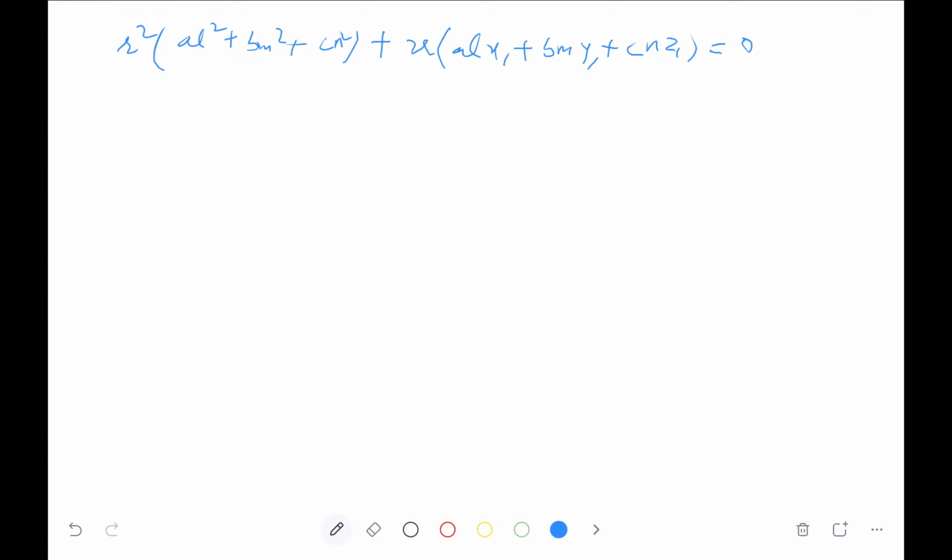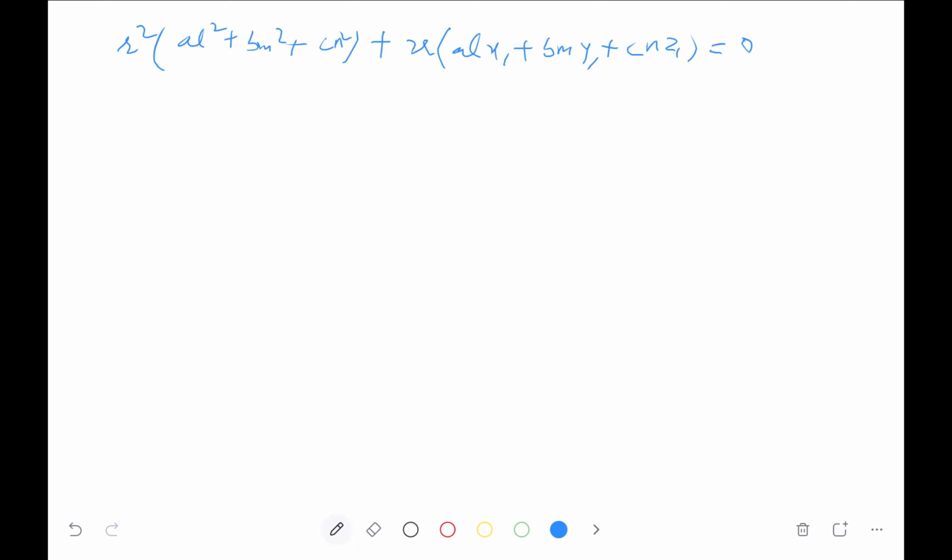So what is the equation? We have just proved that axx1 plus byy1 plus czz1 is equal to 1. So this is the equation of the tangent plane at the point of contact x1, y1, z1. But we want this plane to become the tangent plane, so these planes are identical. What does that mean? These two planes represent the same plane.